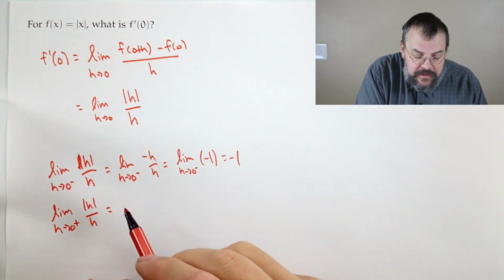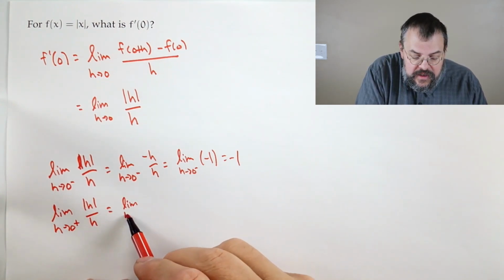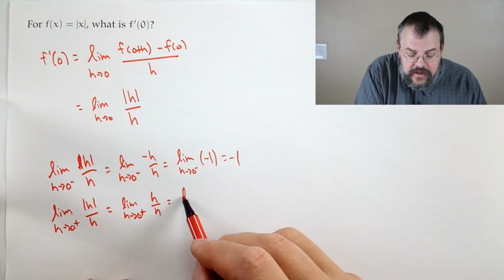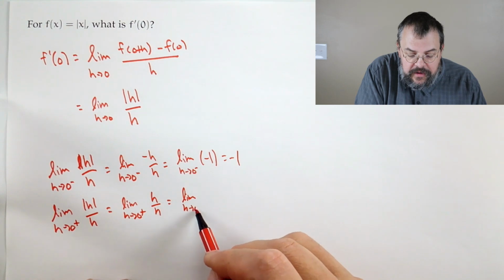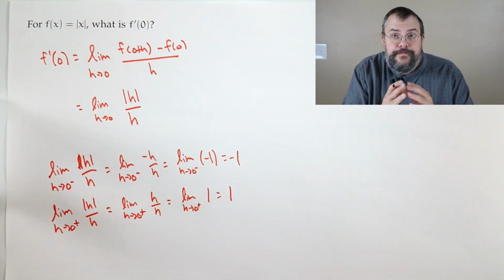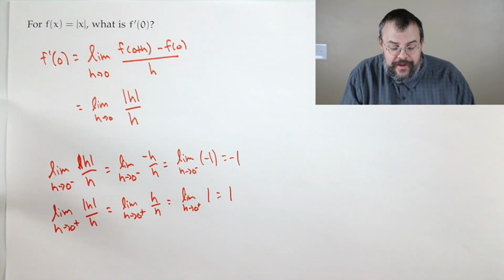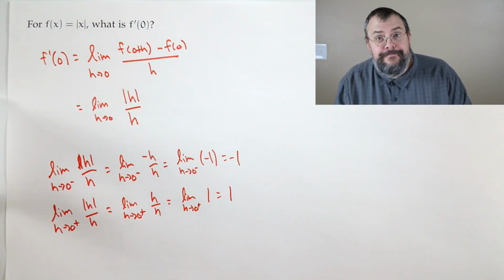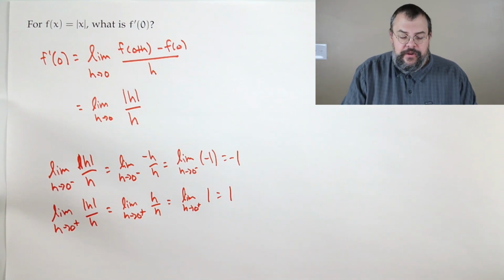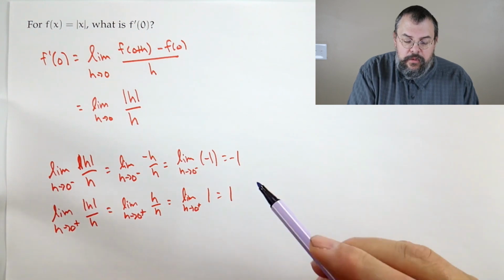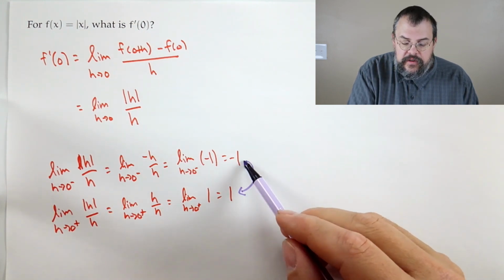So this becomes the limit as h goes to 0 from above of h over h, which is the limit as h goes to 0 from above of 1, which is 1. Now, we look at this and say, why are we saying... Well, you'll see that when we approach from the two different sides, we got two different answers.